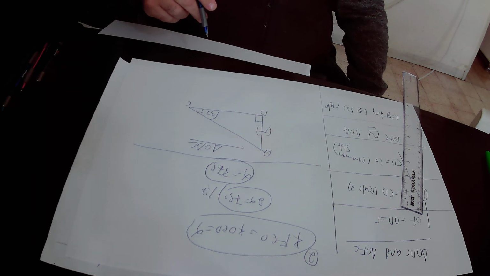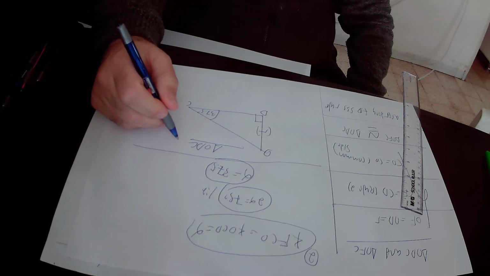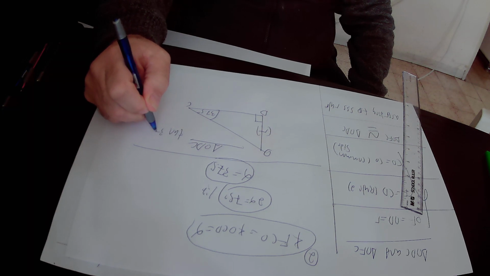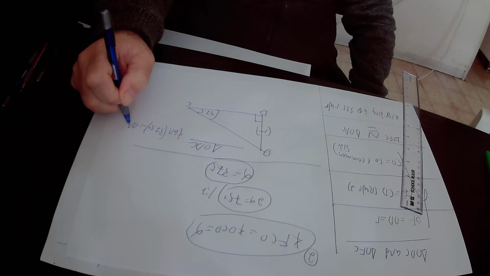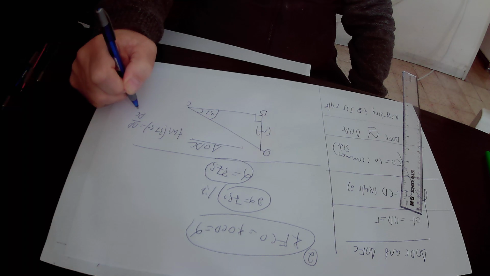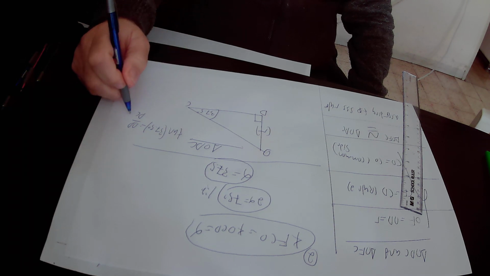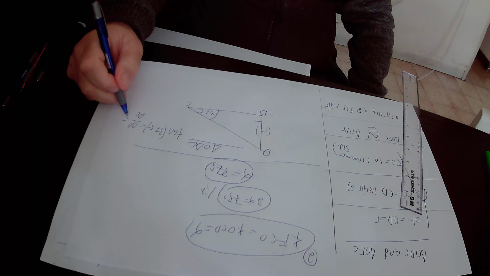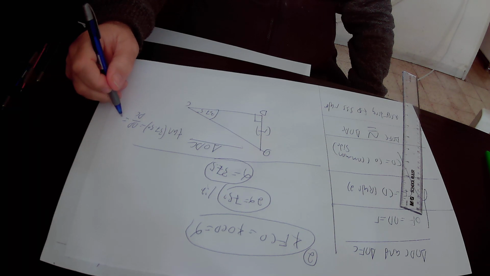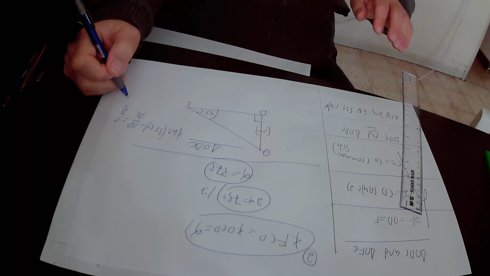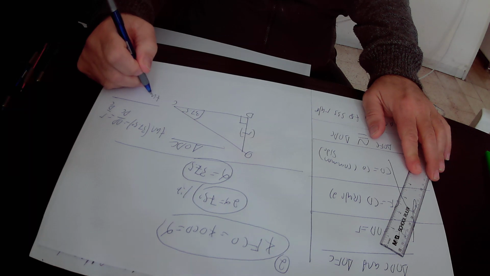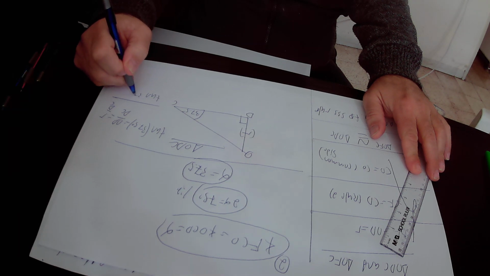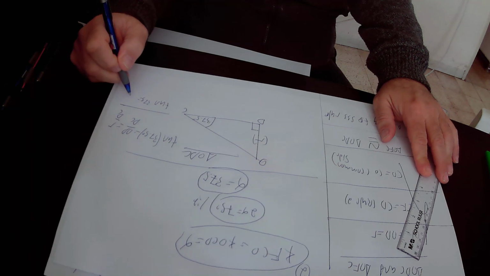So in this right triangle ODC, tangent 37.5 degrees equals OD over DC. OD is R, so it is R over DC.